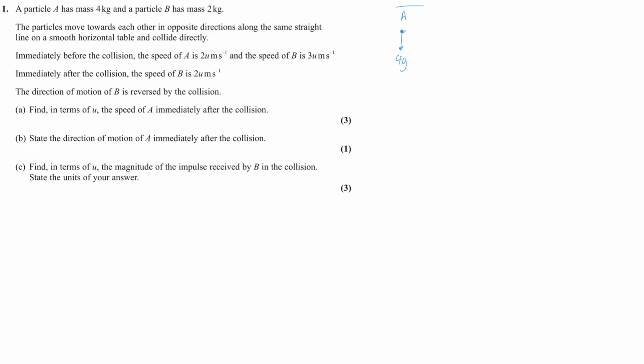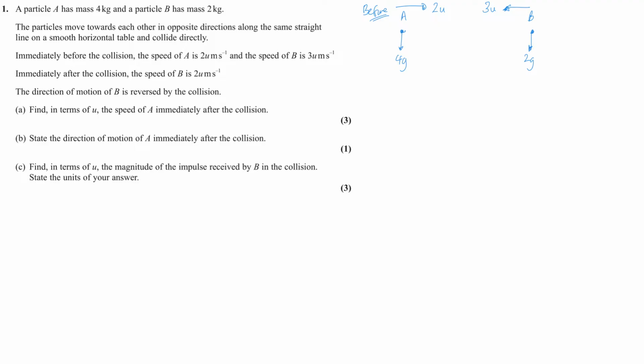So this one's moving this way, and B is 2 kilograms and it's moving that way. Immediately before the collision, the speed of A is 2u and the speed of B is 3u. So that's my before.